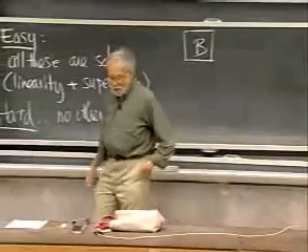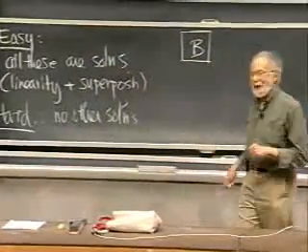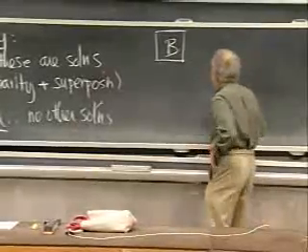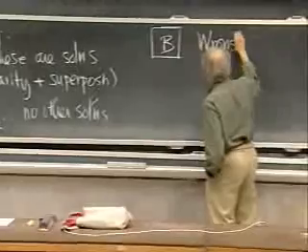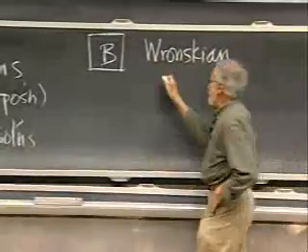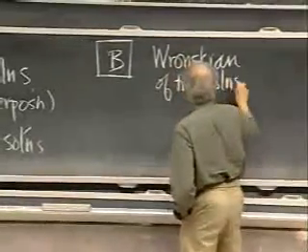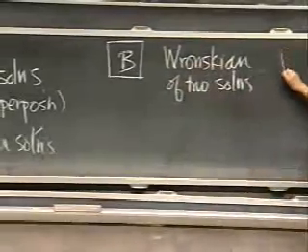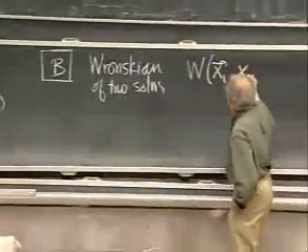This one, it's mostly the words that I'm interested in. Once again, we have our old friend the Wronskian back. The Wronskian of what? Of two solutions. So it's the Wronskian of the solutions x1 and x2.